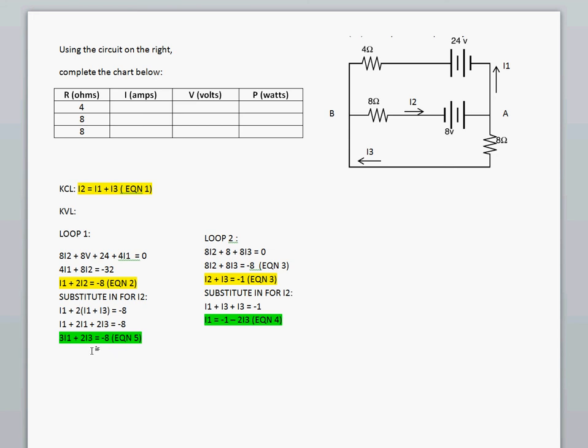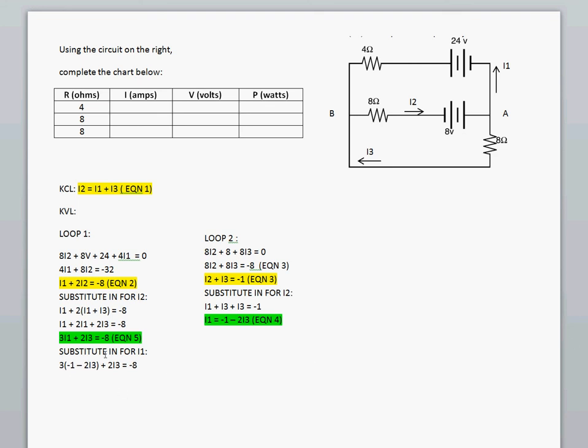So now what I'm going to do is I'm just going to substitute what I know from equation 4 into equation 5. I'm going to substitute in for I1, and that's going to yield me 3 times negative 1 minus 2 I3 plus 2 I3 equals negative 8.